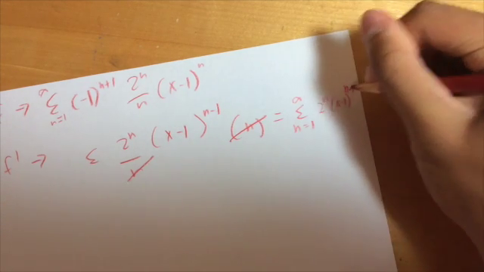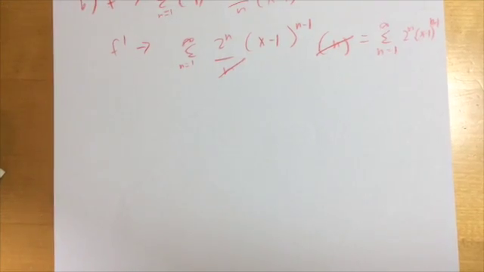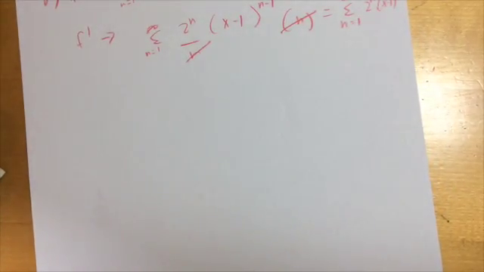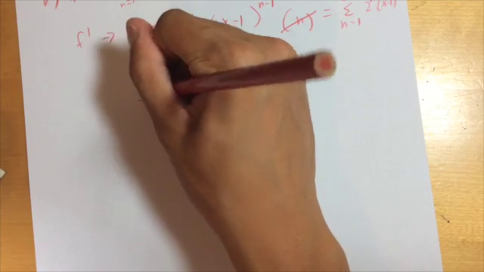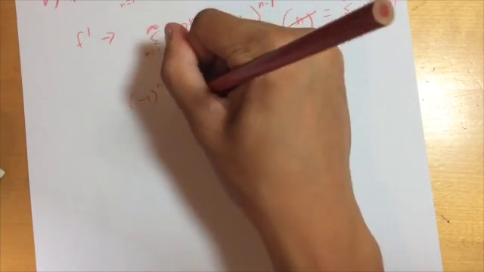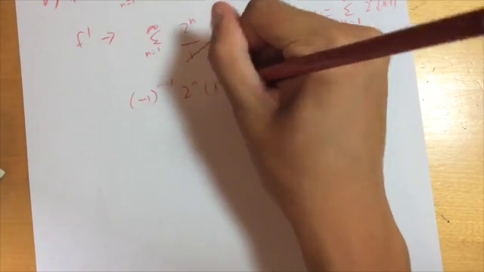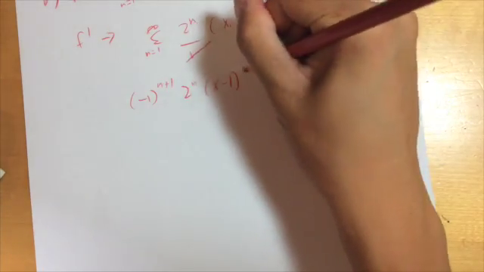So the general term for f prime is negative 1 to the n plus 1 times 2 to the n times x minus 1 to the n minus 1.